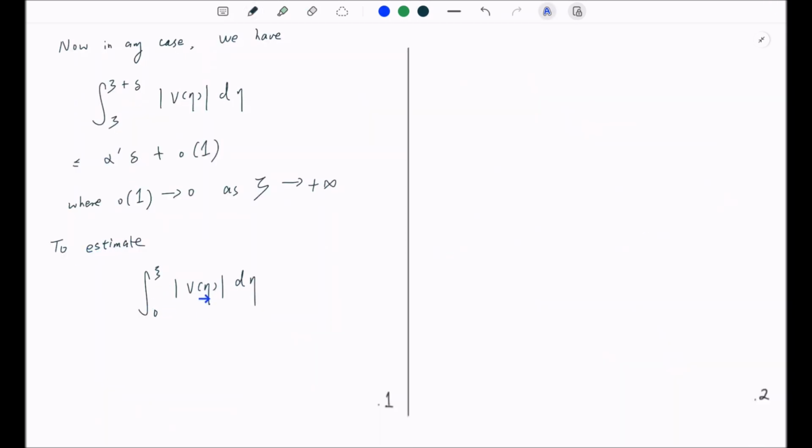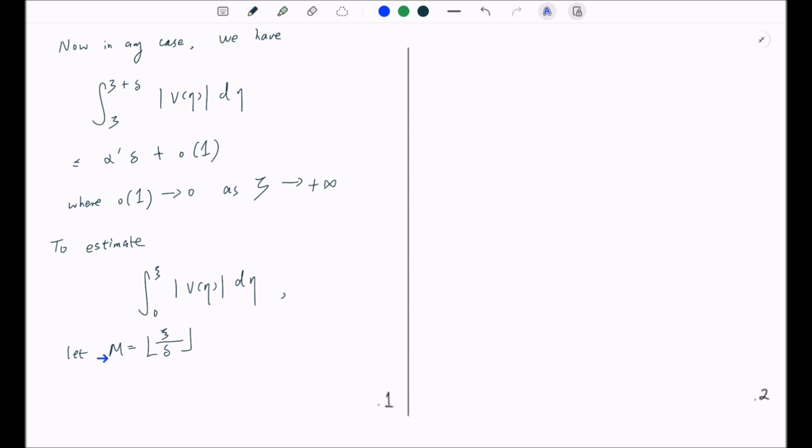To estimate this integral using this bound, we're going to use the following trick. We're going to subdivide this domain of integration into small intervals of length equal to delta. How many such small intervals are there in the subdivision? Roughly, there will be capital M equal to psi divided by delta, floor, many.